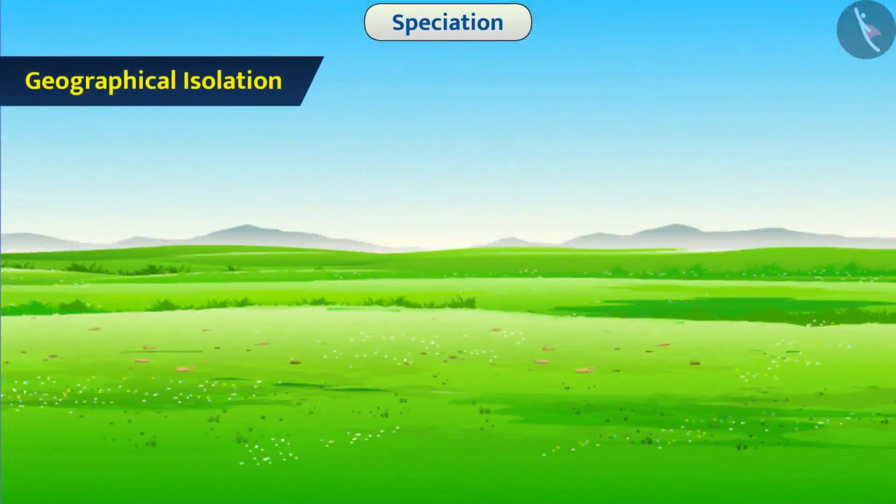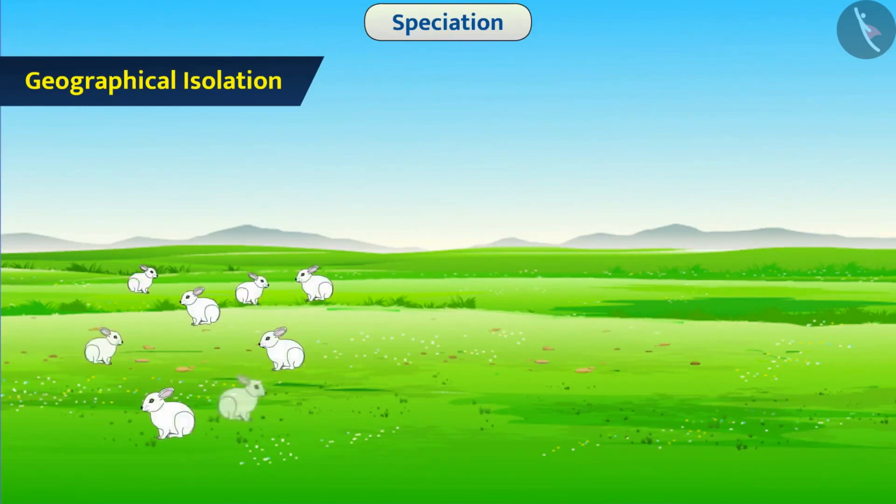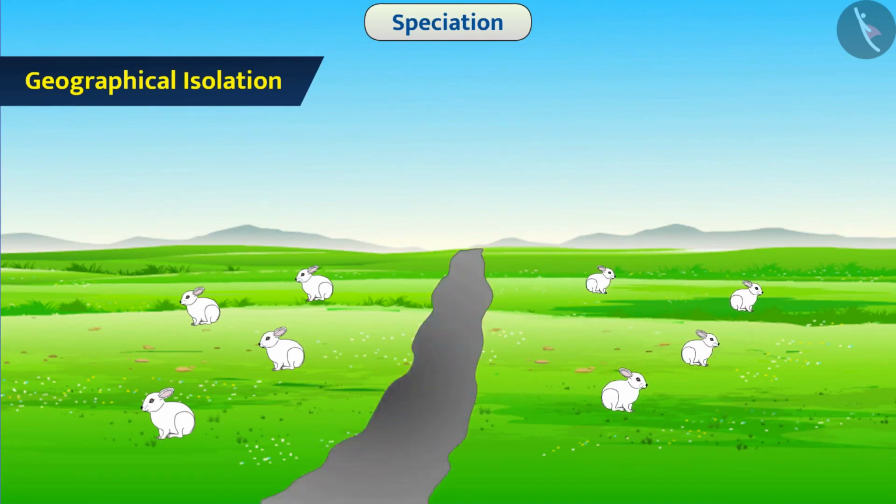Geographical isolation. Due to various reasons, such as availability of food, the population of an organism gets divided into two parts. Many times, geographical situations, such as development of a deep trench, obstruct the contact between the two populations. We say that the two populations are separated geographically.